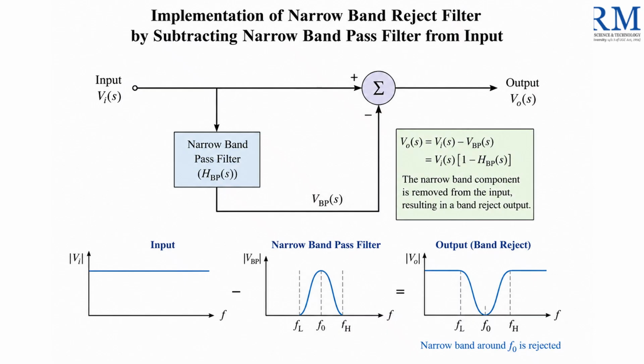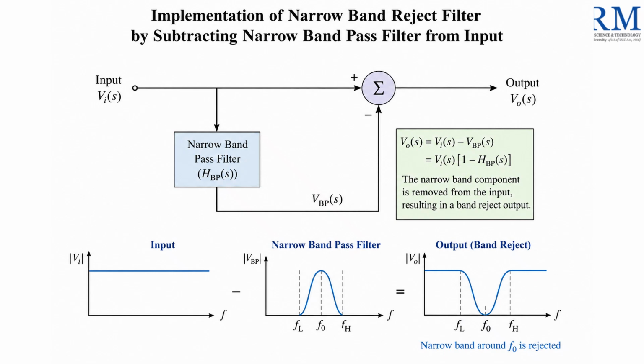Next we are going to see how to implement a narrow band reject filter. A narrow band reject filter, also known as notch filter, can be implemented by subtracting the output of a narrow bandpass filter from the input signal. The working principle is the input signal is applied to the circuit. One path goes directly to the summer, that is adder or subtractor.